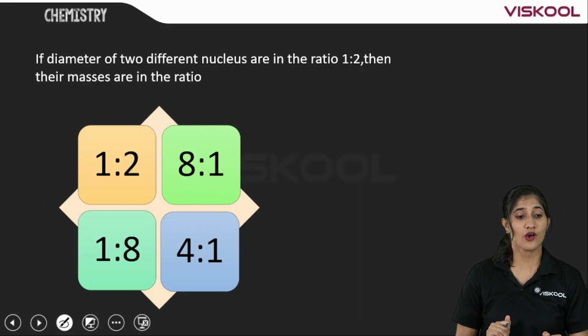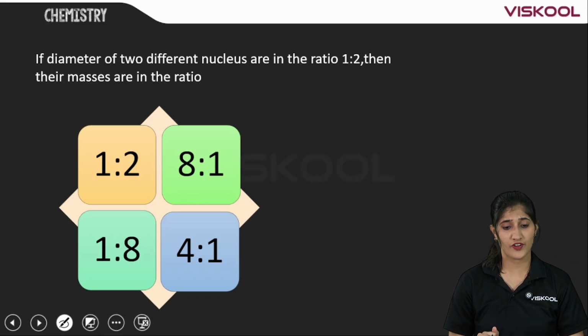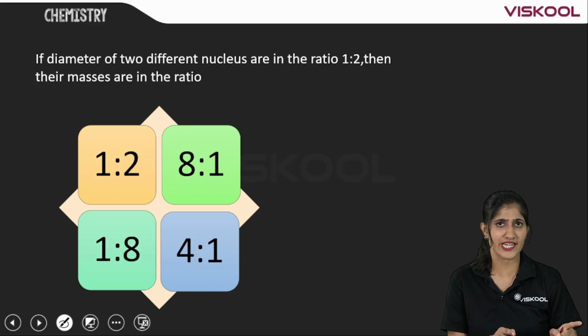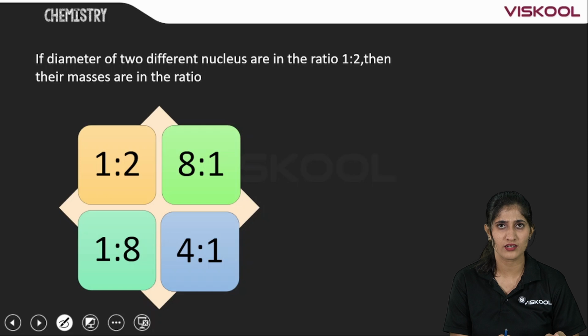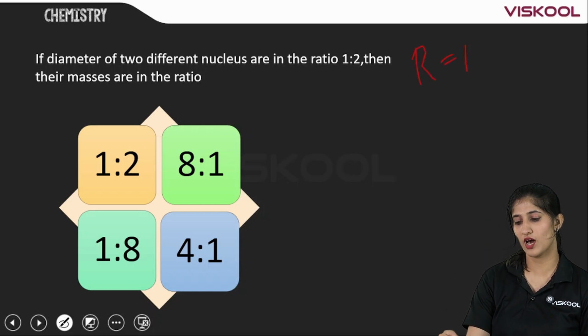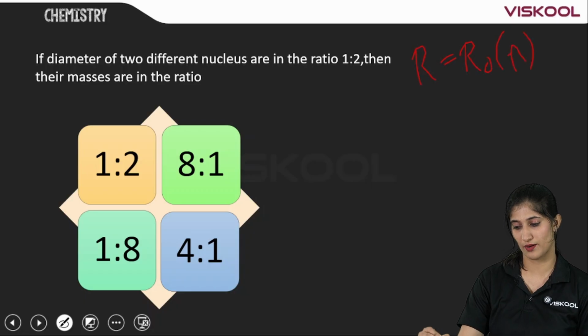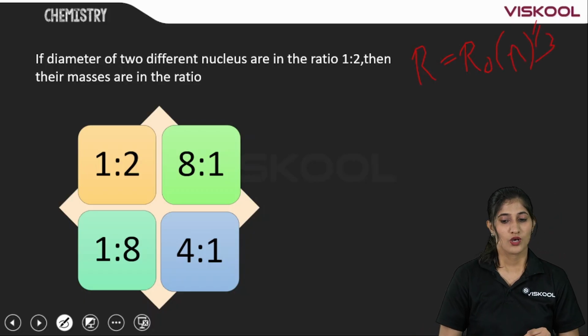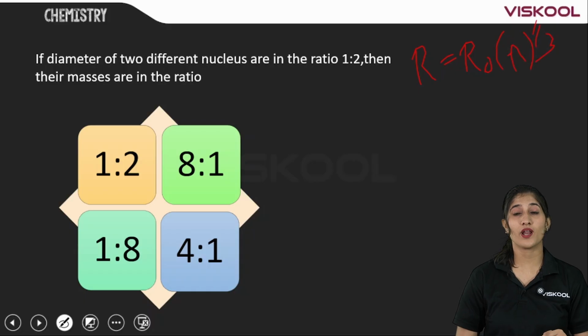Now, if the diameters of two different nuclei are in the ratio 1:2, then the masses are in the ratio? Diameter, we have studied a formula for radius, right? What was the formula? R equal to R0 A raised to 1 by 3. Now, what is the formula for diameter? It's 2 times radius, right?